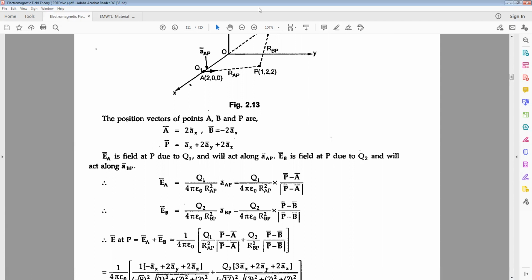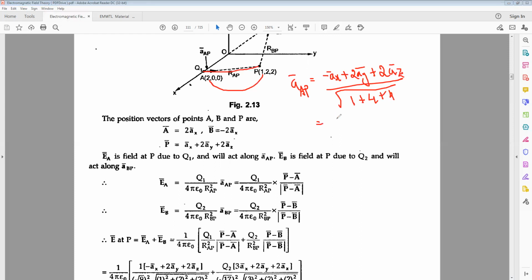Okay, this is the term we have here. So 1 minus 2, we get the AP bar unit vector: 1 minus 2 gives minus AX bar, 2 minus 0 gives 2 AY bar, plus 2 minus 0 gives 2 AZ bar, whole divided by the square root of 1 plus 4 plus 4, which is 9, so 3.